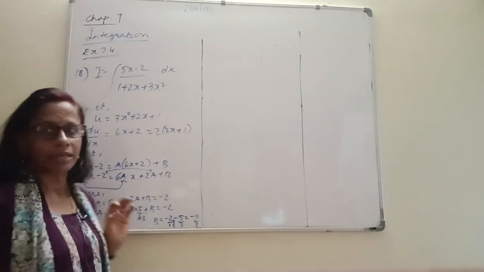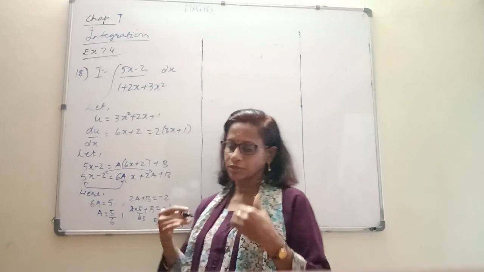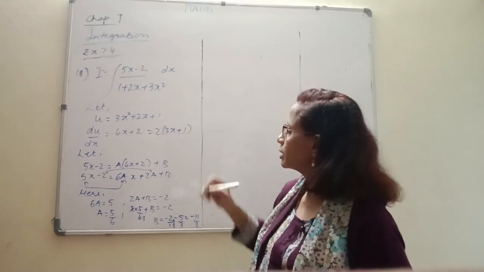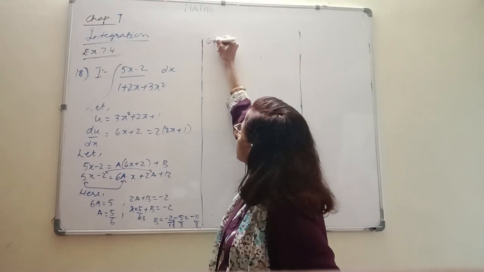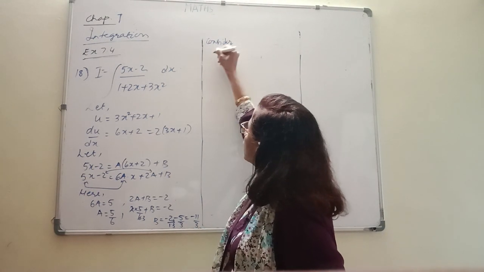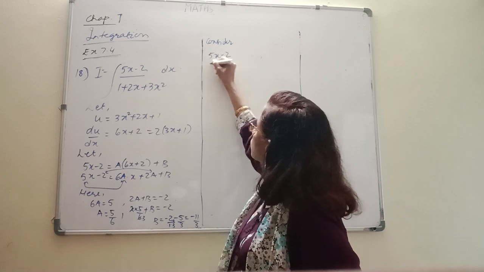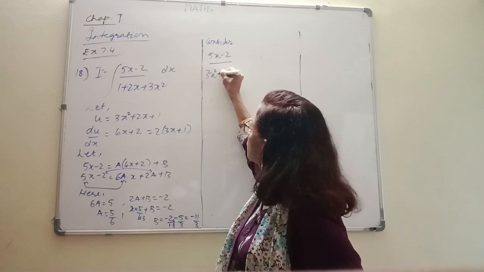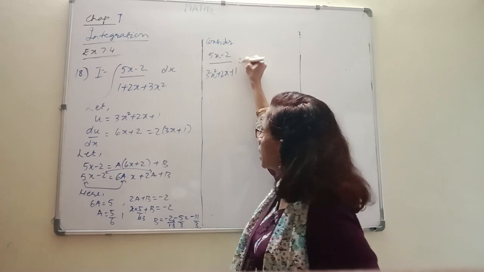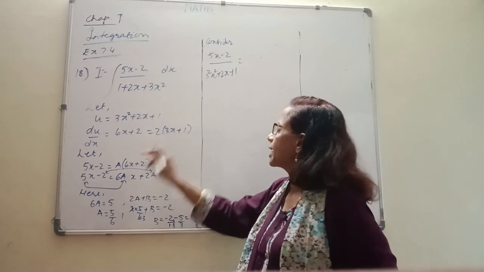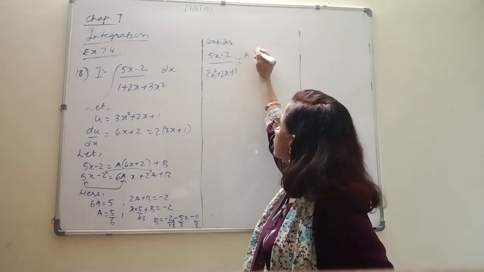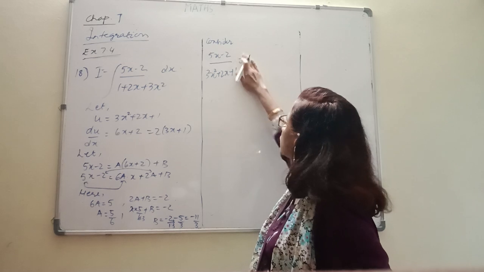So you've got both a and b. Now let's see how this is going to work. Let's not go for the integral yet. Let's consider (5x minus 2) over (3x squared plus 2x plus 1). This is now going to be written as a times the derivative plus b.